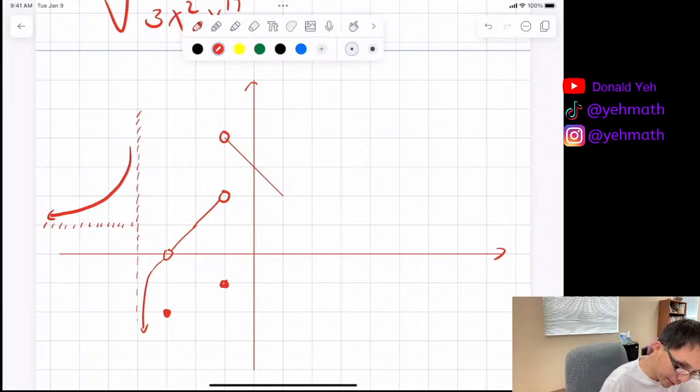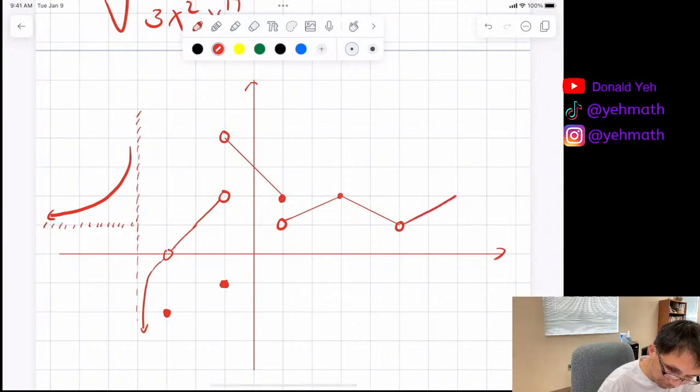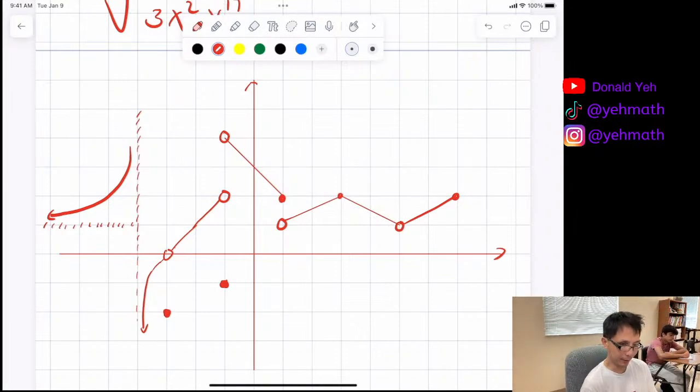So the graph's going to look like this. So if I have a function that looks like this, you can take a picture if you want.